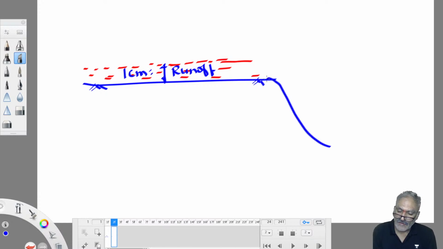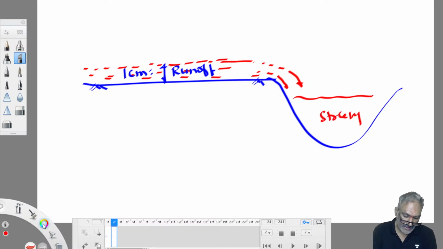If this runoff is delivered into the stream, how exactly does the stream flow vary? If you plot that variation at a point in a stream, then the hydrograph that we obtain is called the unit hydrograph.